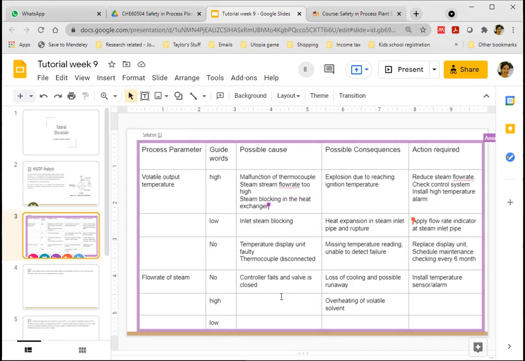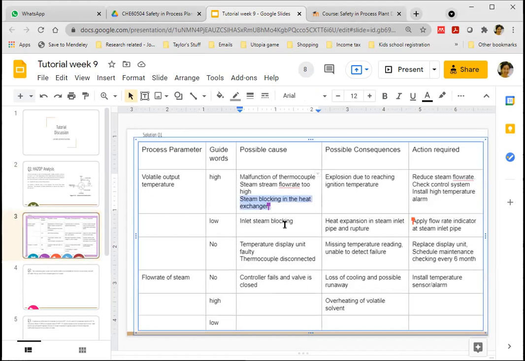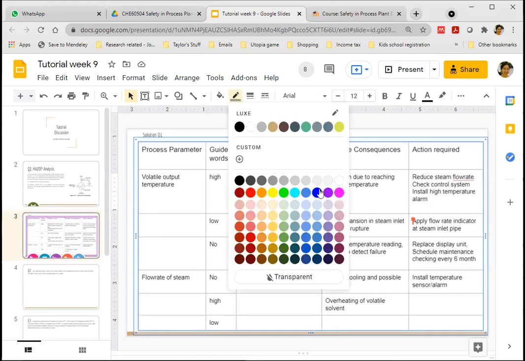If the steam is being blocked in there, how does it make the temperature go higher, because the steam is not flowing? Anyone? This last sentence here is a bit interesting.